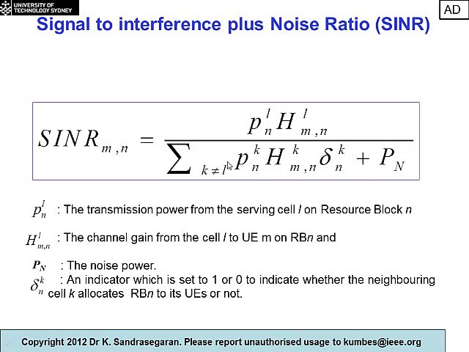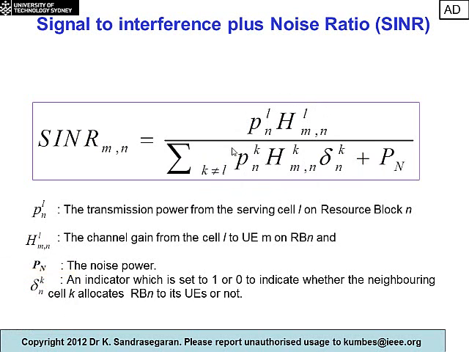This here is the sum over all the other cells where they're using the same resource blocks. The symbol K represents other cells from which the same resource block is used. This term here is essentially the interference term, and this term here represents the receive power.